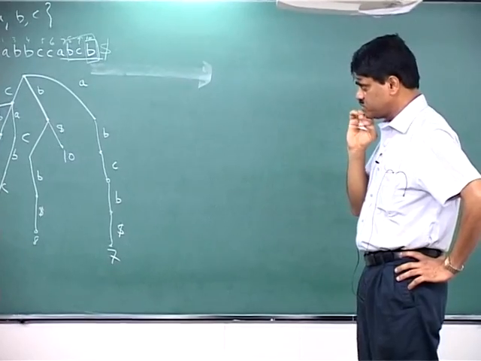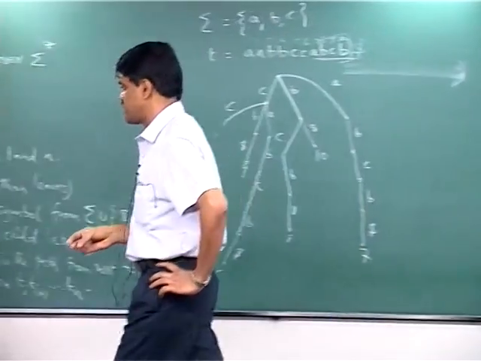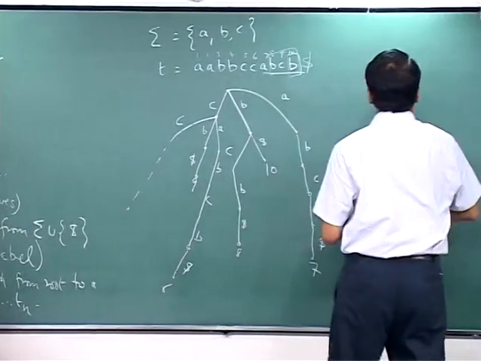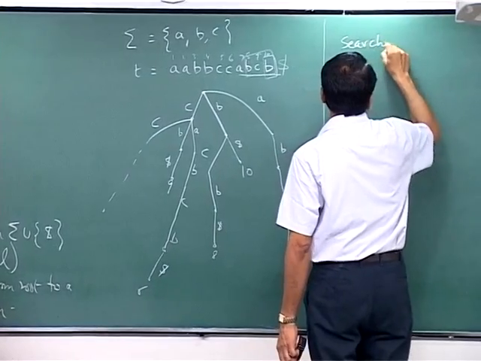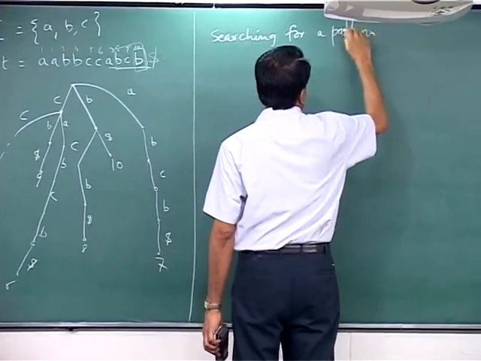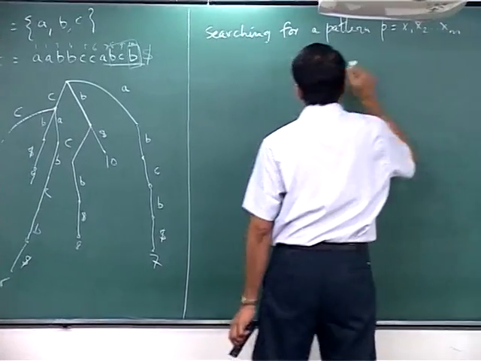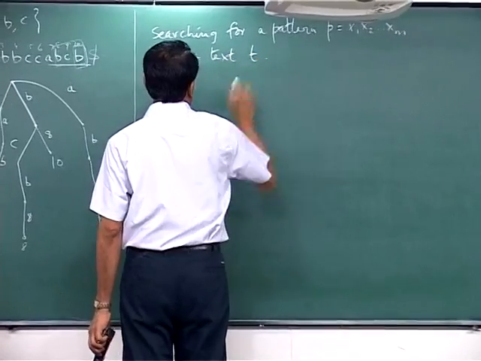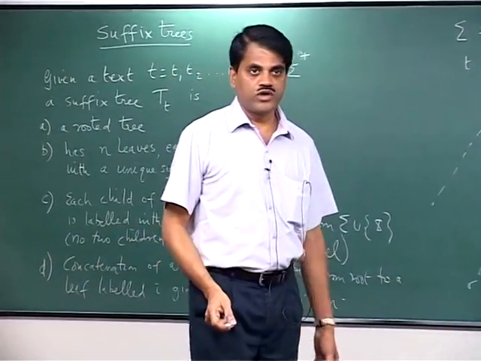Now, searching in a suffix tree for a pattern is pretty easy. So I want to search for this pattern P in the text T. I construct this suffix tree, and then how do I check?